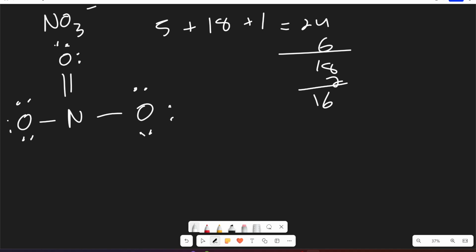How many lone pairs do I have? I have 1, 2, 3, 4, 5, 6, 7, 8. That's 16. 16 plus 2, 4, that's 20, and then 2, 4, like that. So now I remember I have to draw my brackets like this. Just pretend that's on the outside of the Lewis structure, and I'll draw my charge here.